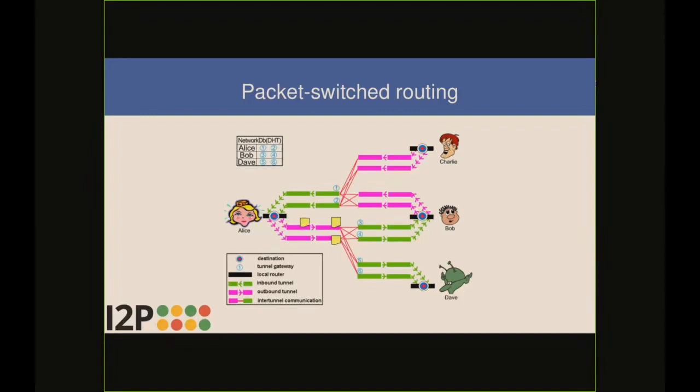Additionally, we can do fun things like one-to-many broadcasts for efficiency. This latter is somewhat implemented at the moment, but there's far more we could do, like the multipath, as I mentioned, that isn't really being done at all and hasn't really been studied in I2P's context at least. So if people are interested in that, that's one fun thing to do.